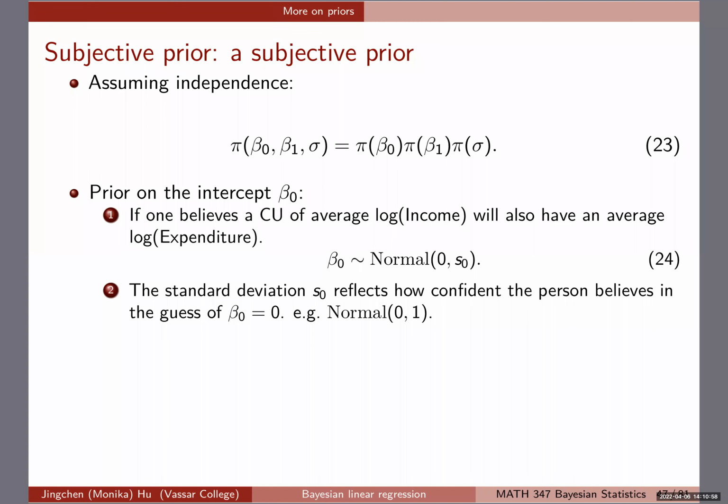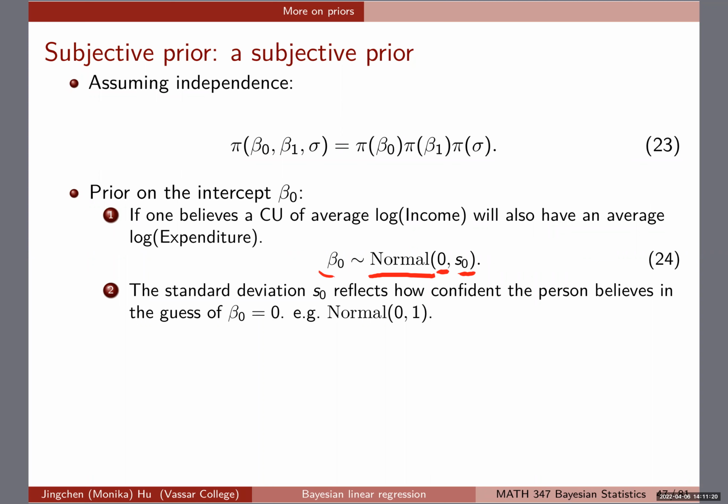So to give a prior on the intercept, if we believe a unit of the average log income, which is xi star equals 0, will also have an average outcome, then I'm going to give a normal prior centered at 0 with a particular standard deviation S0.